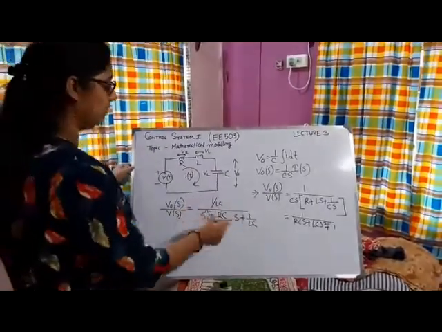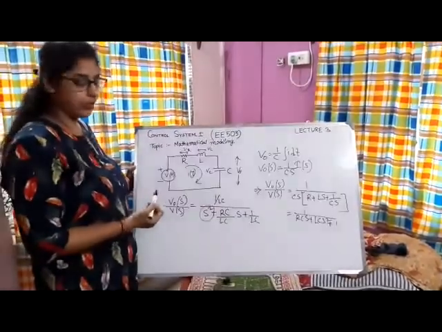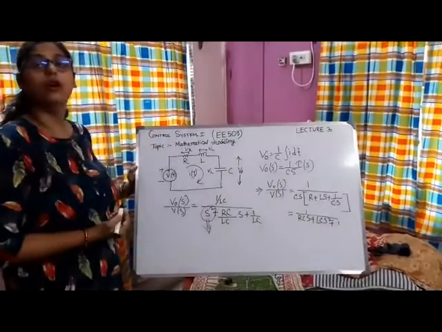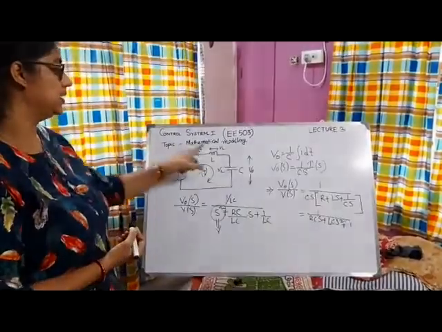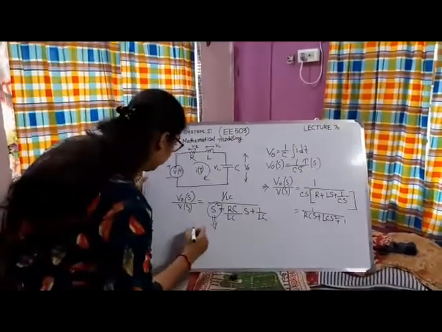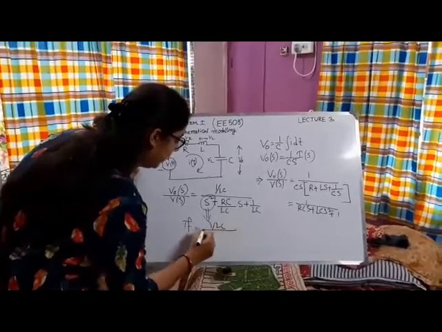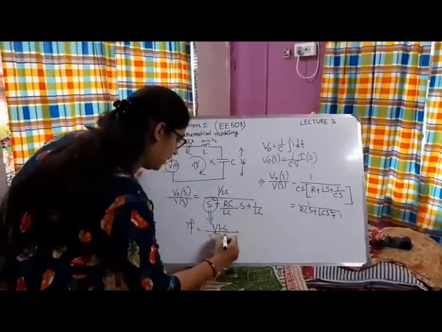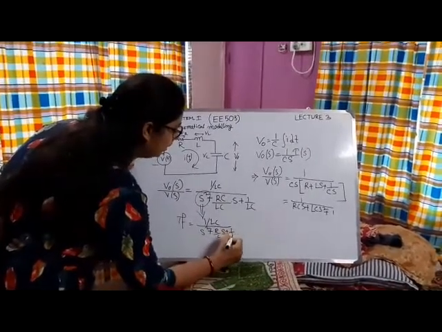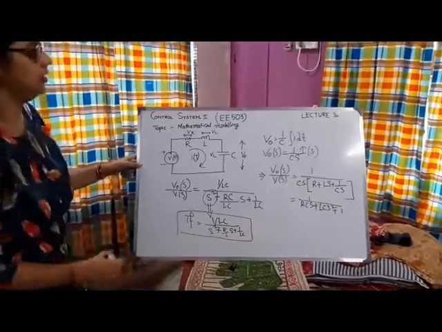In this transfer function, the highest power of s is 2. This number represents the order of the system. That means this is a second order system. So the transfer function is equal to 1 by LC divided by s square plus R by L into s plus 1 by LC. So this is the complete transfer function of this given electrical circuit.